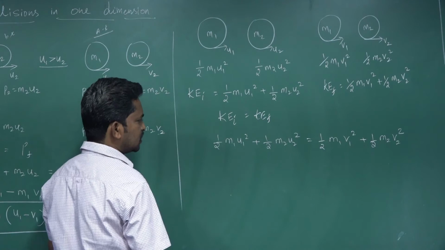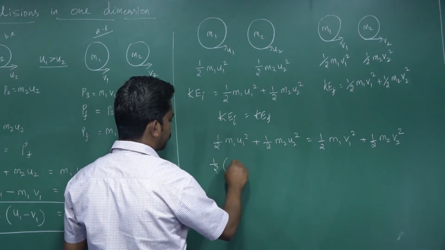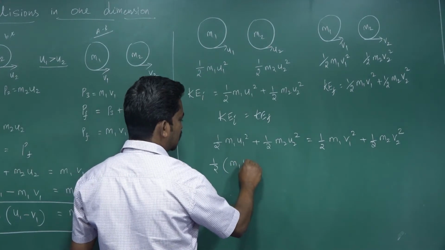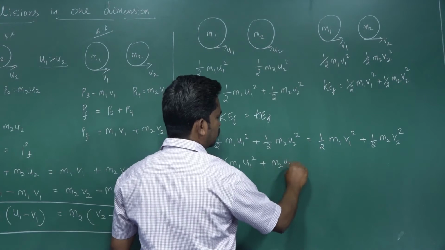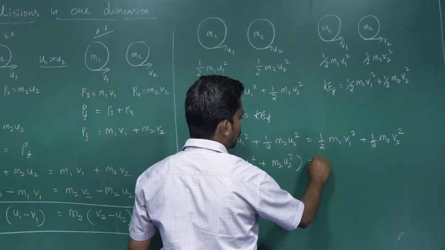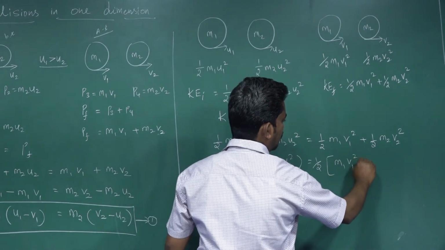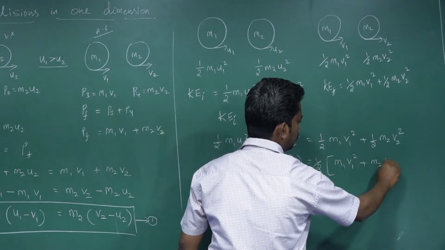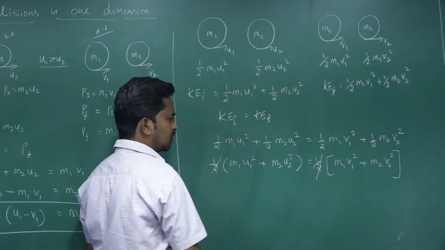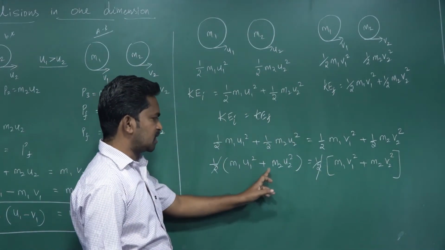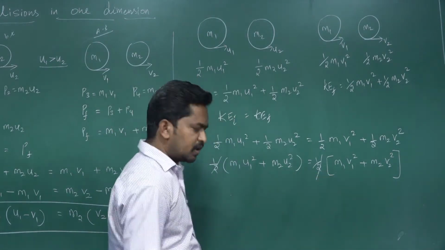Conveniently, 1 by 2 is a common factor, so it cancels. The remaining factor is m1 u1 square plus m2 u2 square is equal to m1 v1 square plus m2 v2 square.